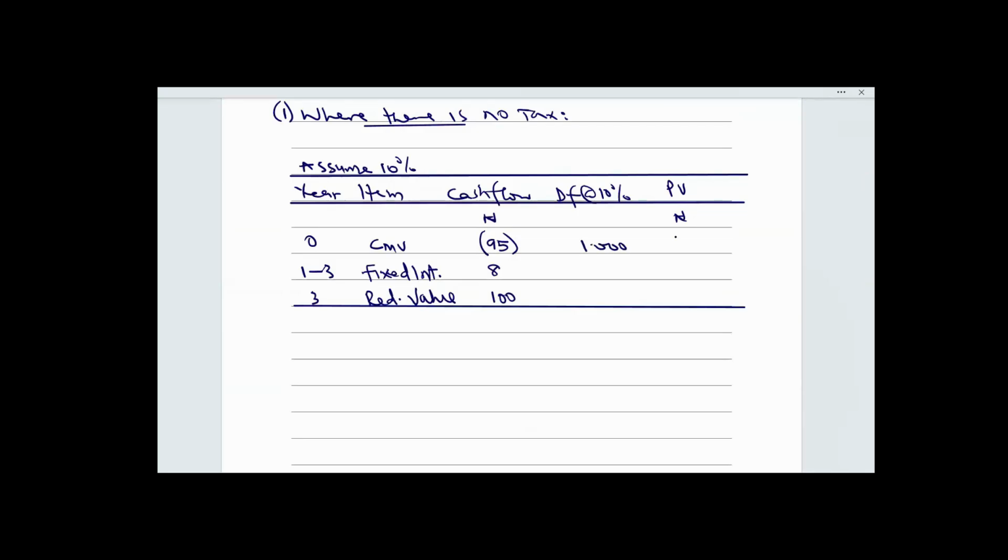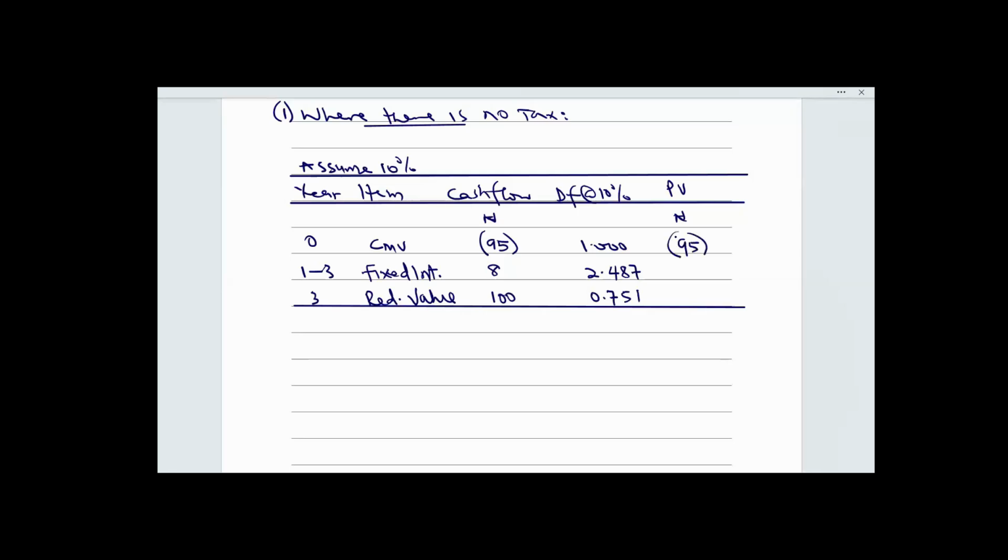What do you have? 2.487. Then discount factor for year 3 at 10%. That's 0.751.